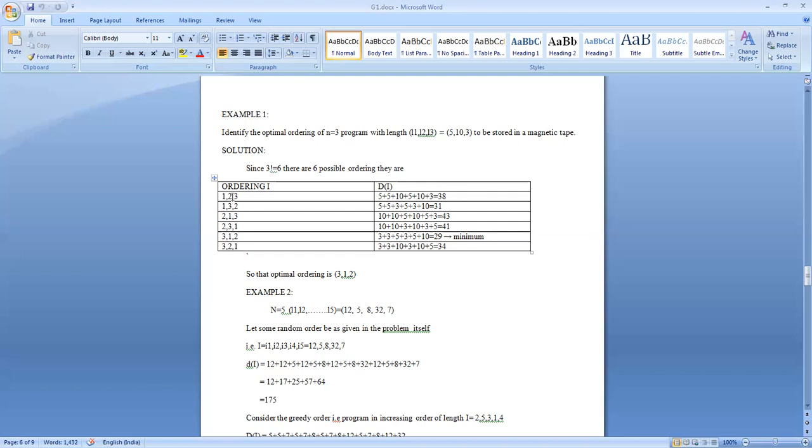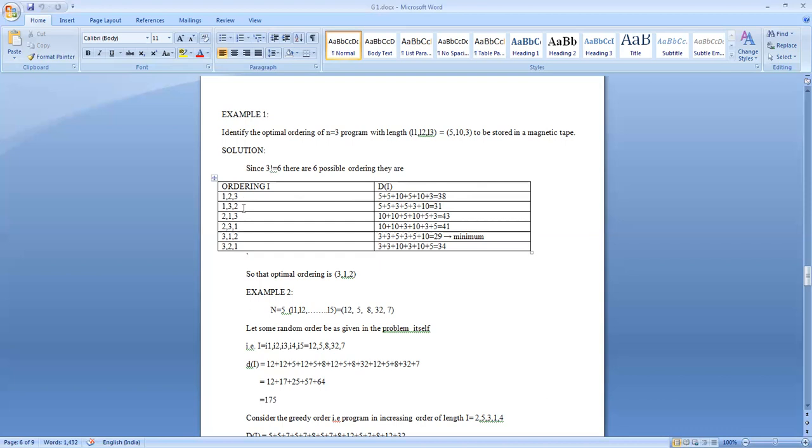Then when you select the second program, you have to consider both the first and the second program. So for the first program it is 5, for the second program it is 10. Then you select the third program. When you select the third program, you should consider the first and the second, then you come to the 3. So like this, 5, 10, and the length of the third program is 3. When you add up all these, you get the value of 38.